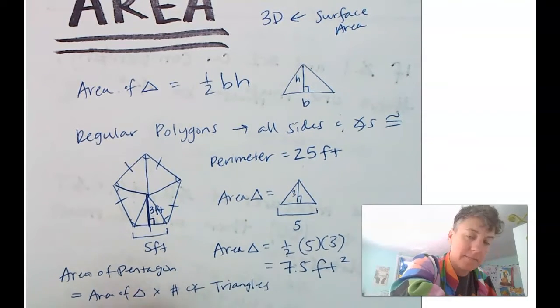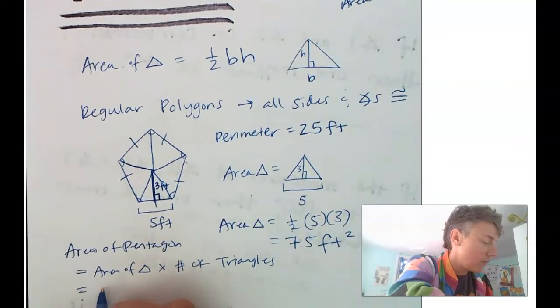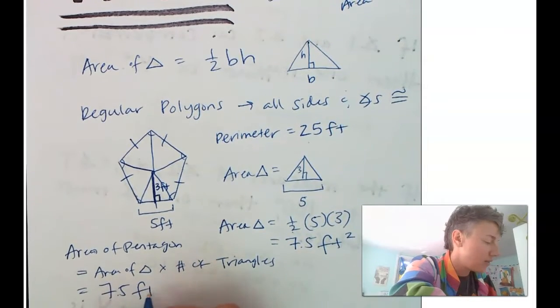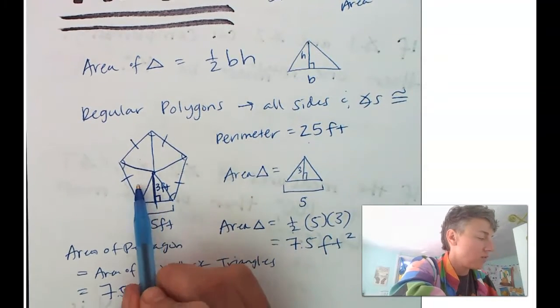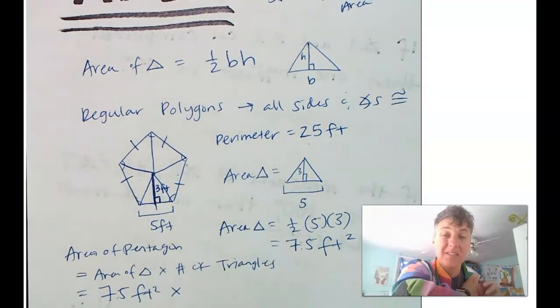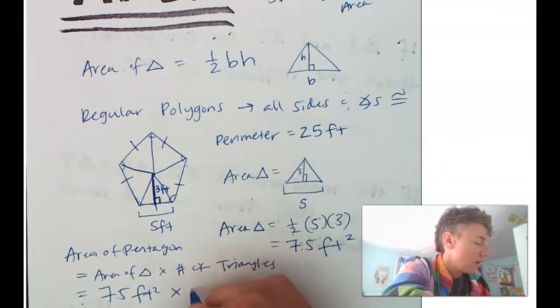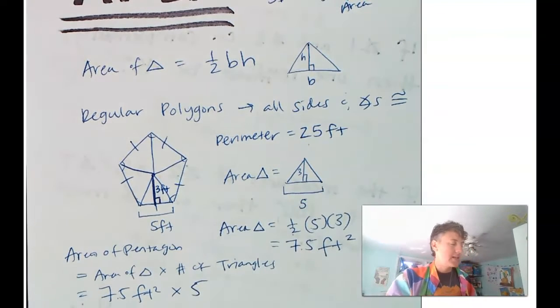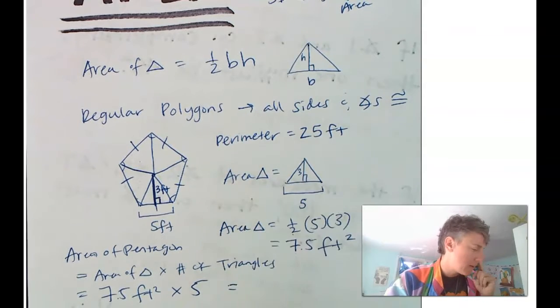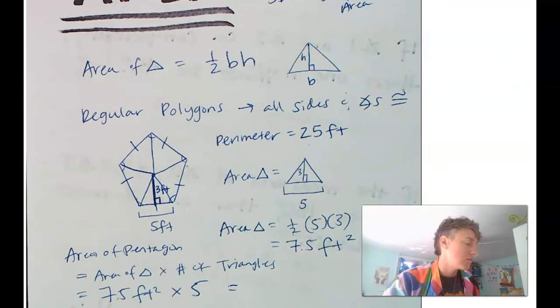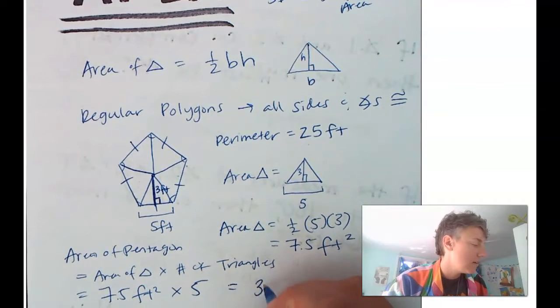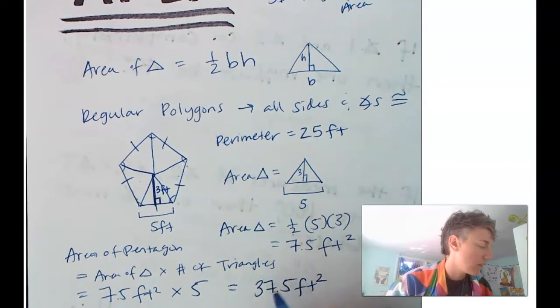So this is going to be 7.5 feet squared times, there are 1, 2, 3, 4, 5 triangles exactly the same shape. So 7.5 times 5 equals, 7.5 times 2 is 15, times 2 is 30, plus another one, 37.5 feet squared.